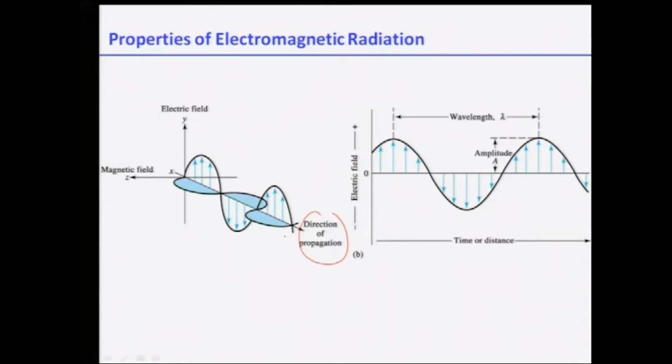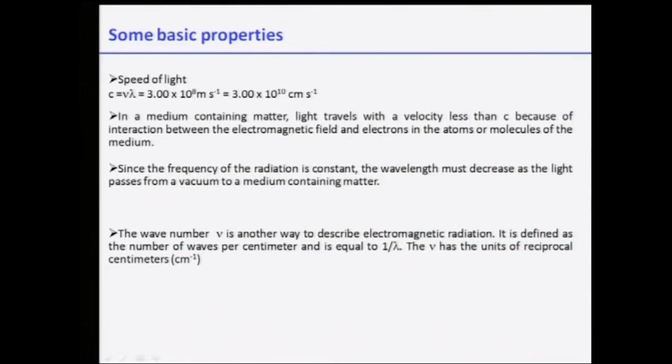And we can always represent the wave this way. So the wave has a particular wavelength lambda, which is the distance from trough to trough or peak to peak, and an amplitude A, and this is the time or distance axis. These are all very simple descriptions of the wave.